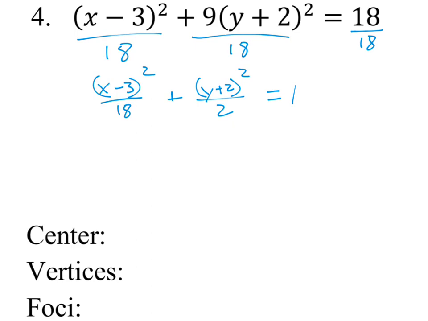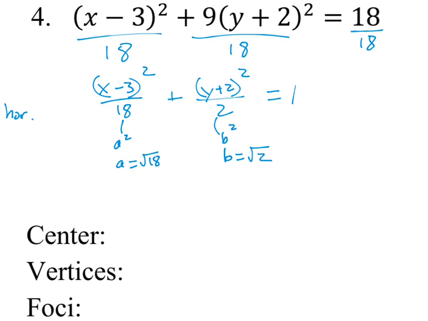So, first things first, let's figure out if it's horizontal or vertical to make sure we know which one's A and B. The bigger number on the denominator is here, so this is going to be a horizontal. And so this is going to be a squared, which means a is the square root of 18. It's not a convenient number. B squared is 2, which means b is the square root of 2.